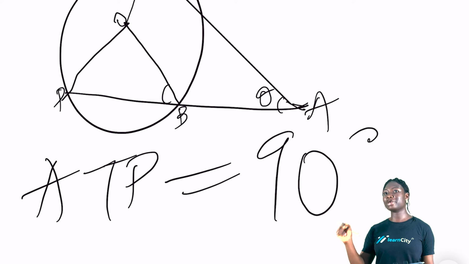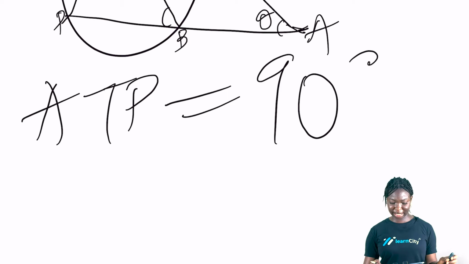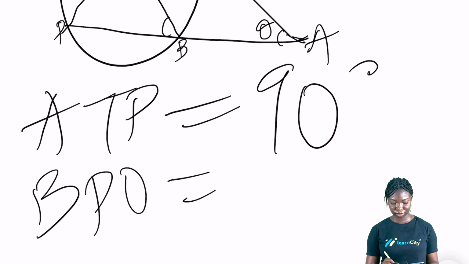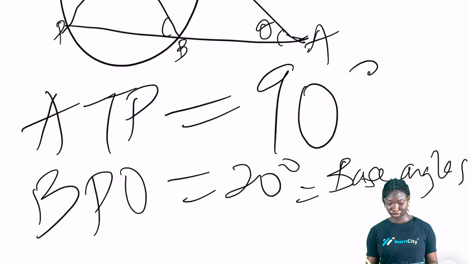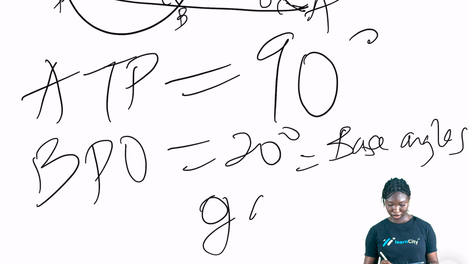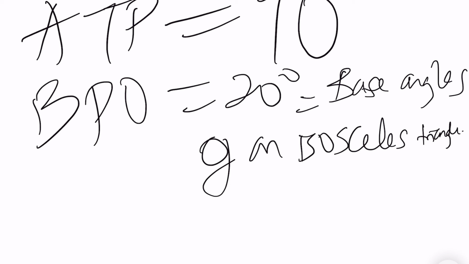Now, our BPO will be 20 degrees, which is the base angle of an isosceles triangle. So to find theta, we have 180 minus 20 plus 90.